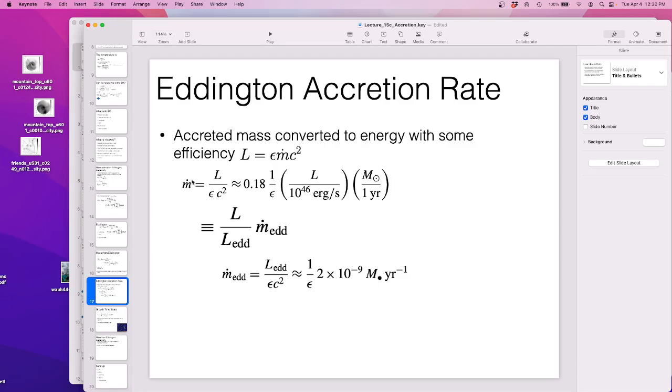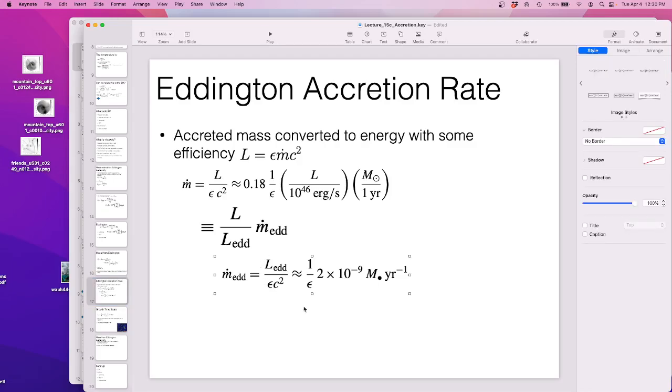So we just solve for the accretion rate. That gives us an expression, L over epsilon c squared, which we can work out. We can relate this to the Eddington luminosity on the previous page and get an expression for the Eddington accretion rate. So this is how fast the mass needs to be sucked down to be lighting up at Eddington.